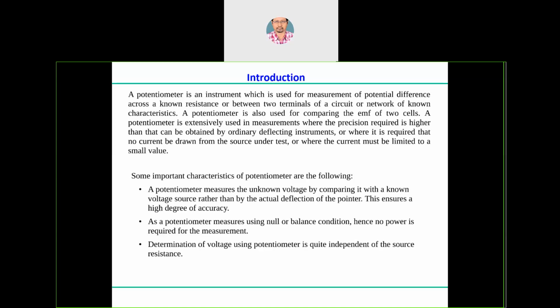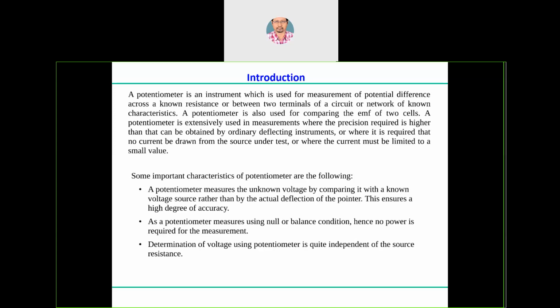Followed by, in this measurement, normally the potentiometer is used only when the null or balance condition is achieved. This null and balance condition you can achieve with the help of a galvanometer. Once the null or balance condition is achieved, then and only then do we do the measurement. To achieve the null and balance condition, you don't require any power.